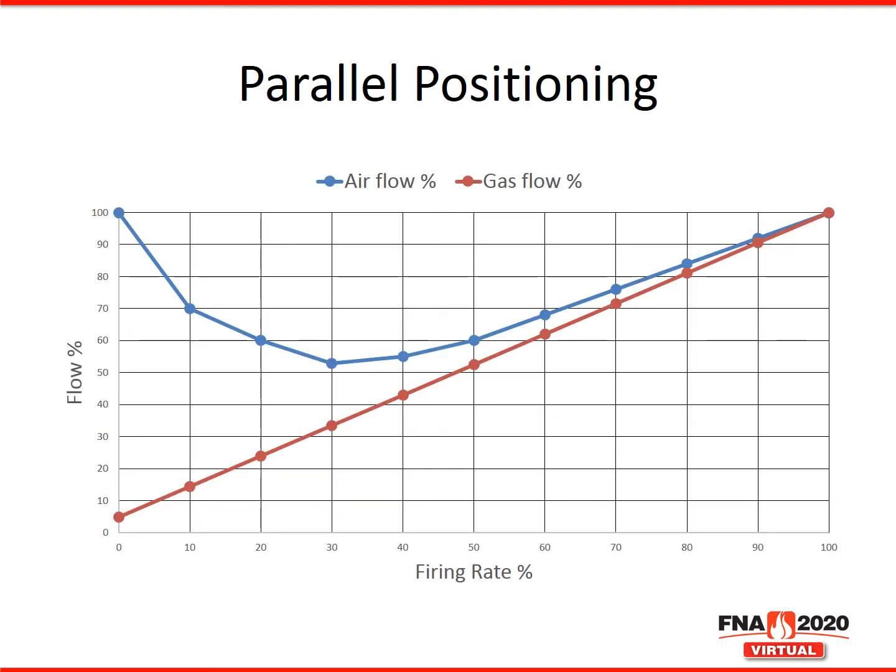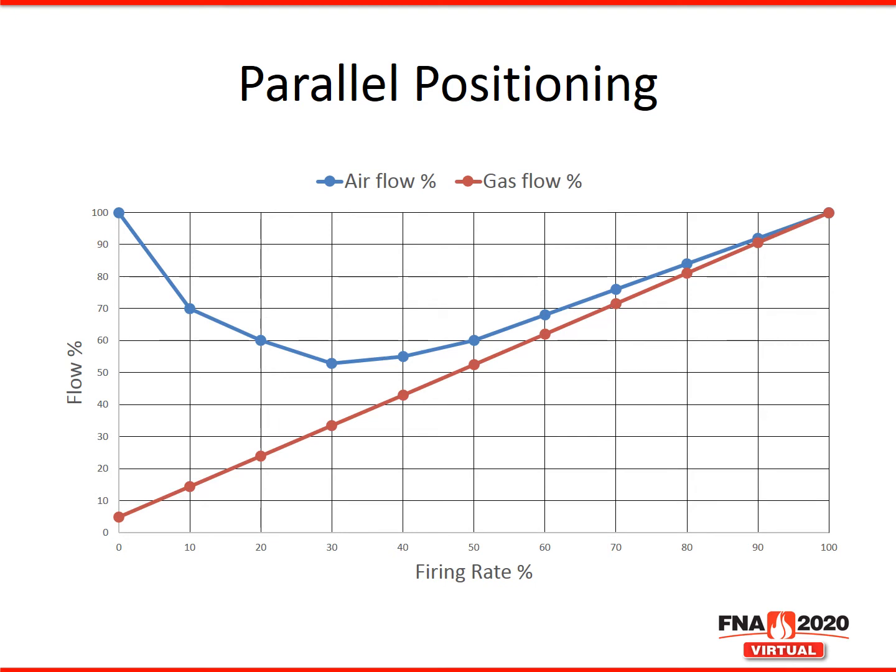The air curve looks very different. Looking at the curves, we now see that there are several markers on the curve at every 10% firing rate. Each one of these markers represents a setting of the air and fuel actuator at a given firing rate. Let's look at 50% firing rate as an example.